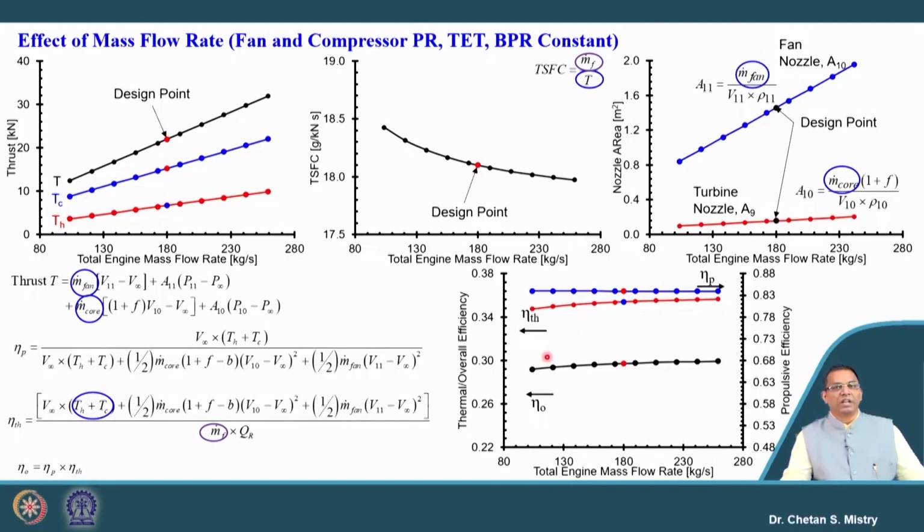It says with the increase of total mass flow rate, we will be having a rise of thermal efficiency. My propulsive efficiency will not be varying much, and my overall efficiency also remains constant in that case. So, this is an indication of the effect of change of mass flow rate.